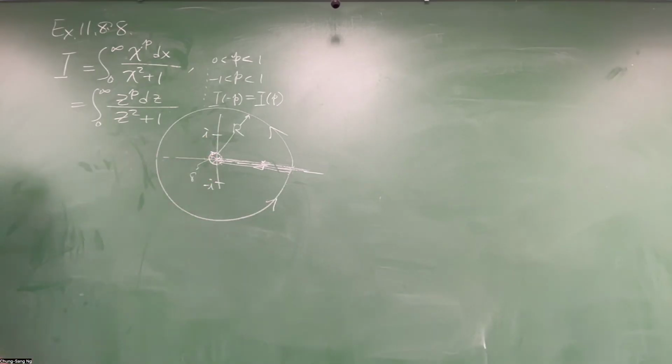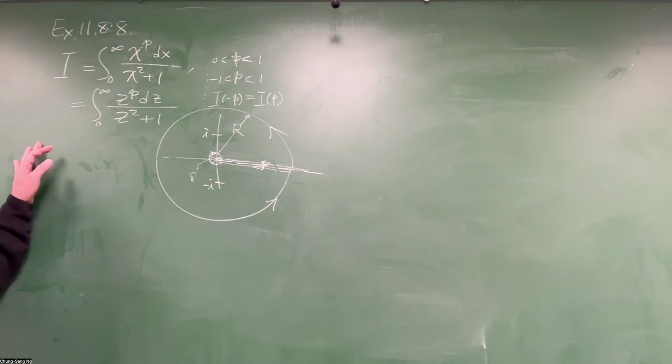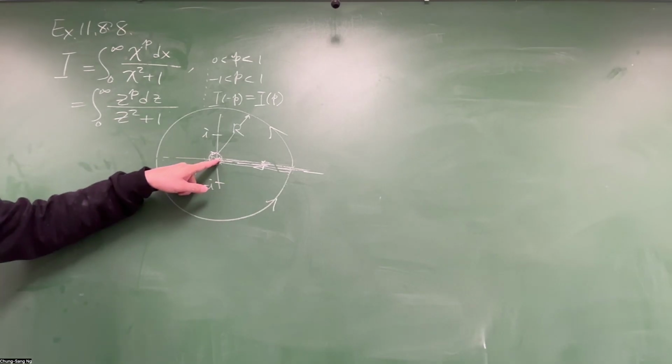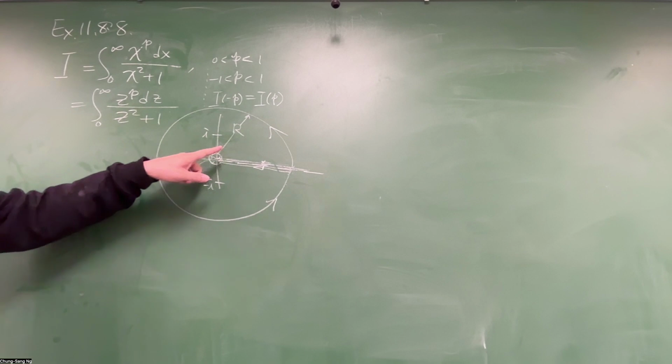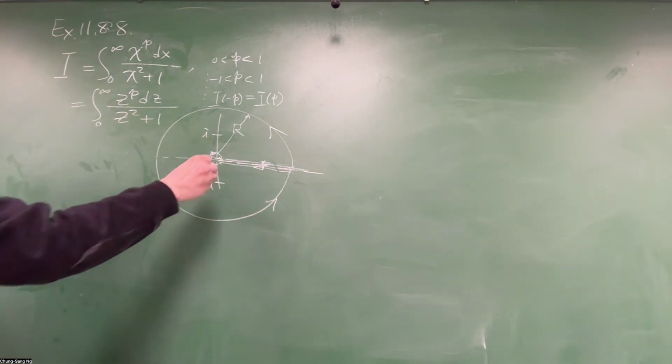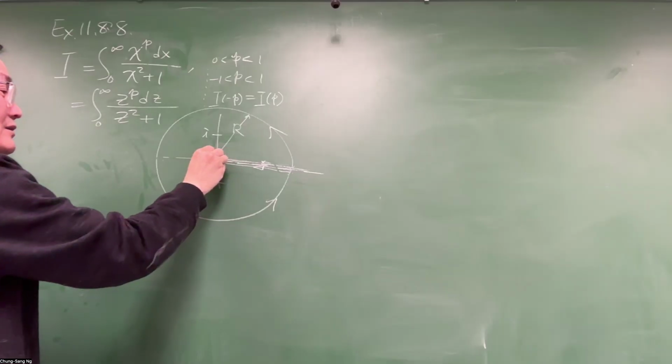Now the singularity at 0 is the branch point, and we avoid it: the contour excludes the branch point. We explicitly exclude the branch point.